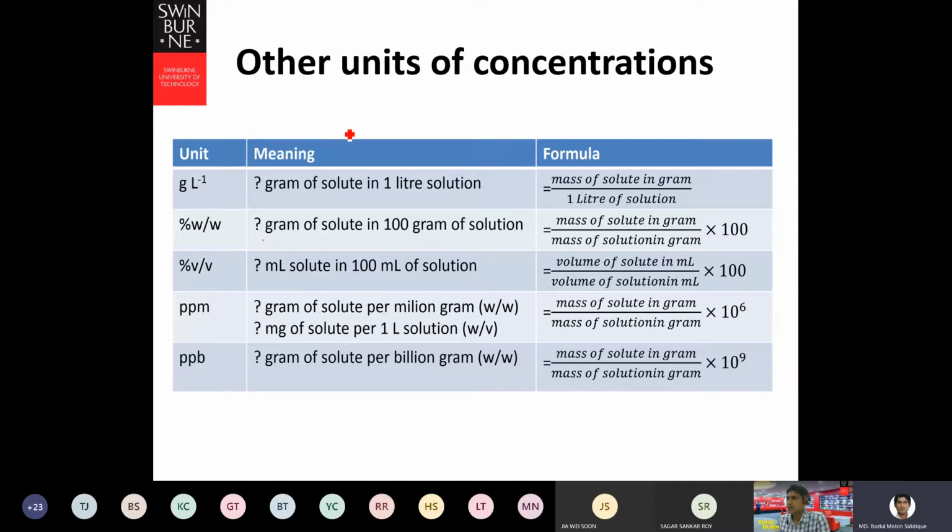So the first experiment that you did was vinegar, right? At the end we found that the concentration of the vinegar was, let's say, 0.09 molar. What do we understand?